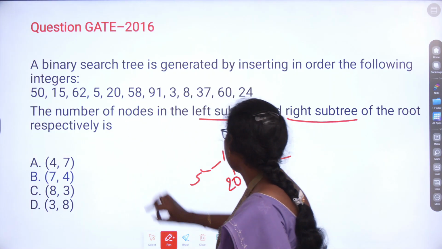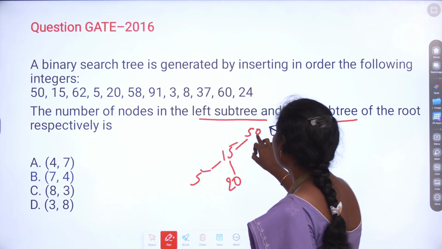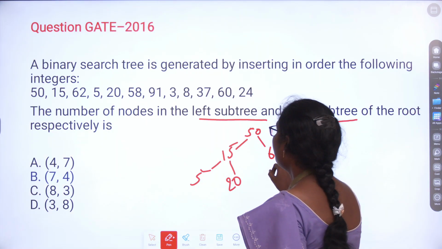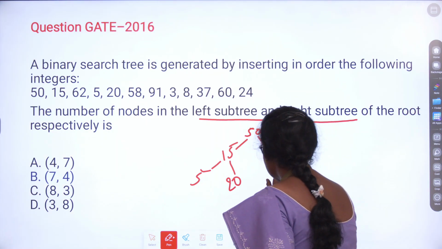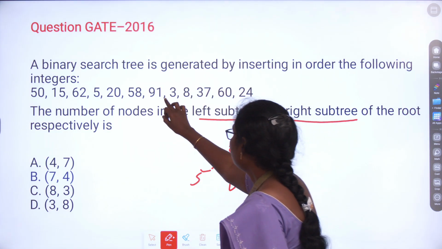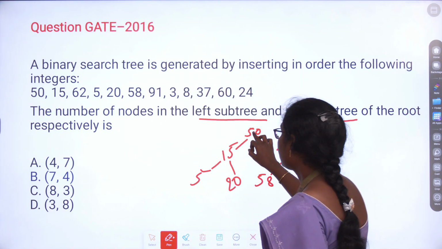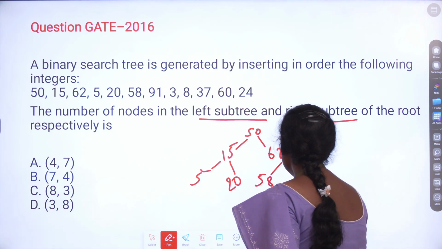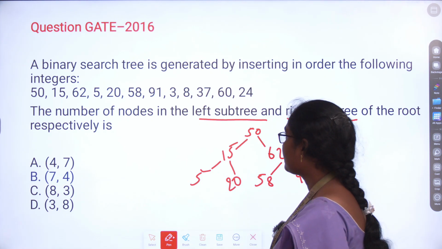Next one is 58. Compare 58 with 50, which is greater, then move on to the right side, compare 58 with 62, which is lesser, insert at the left side. Then 91, which is greater than 50, 91 is greater than 62, so insert at the right side.